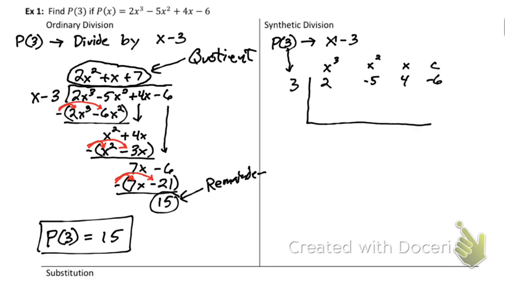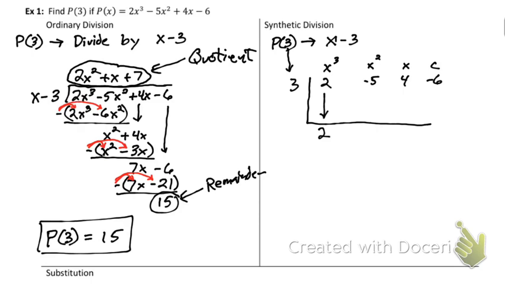With synthetic division, the first thing you're going to do is bring down that first number. So that 2 on the very left, you're just going to go ahead and bring that down. Now we make this triangle, and we keep doing this over and over. We're going to take that 3 and multiply it by this 2, and whatever we get is going to pop out here.